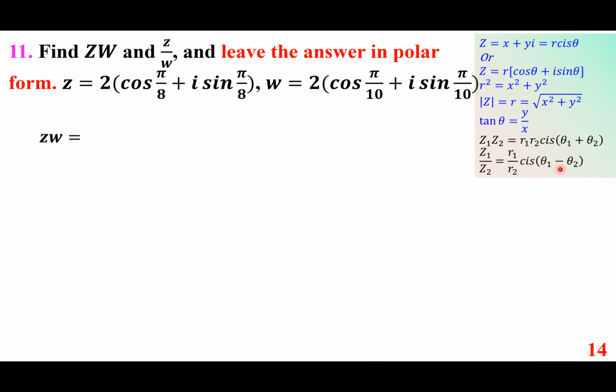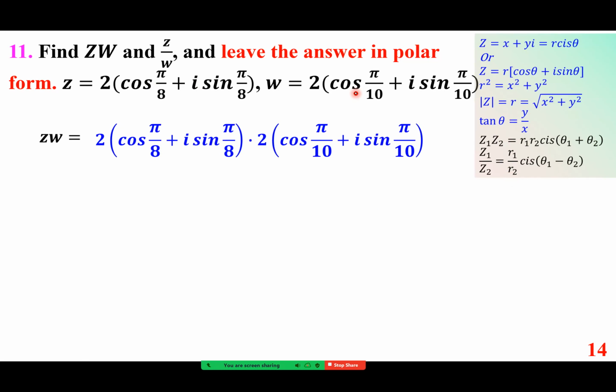Therefore, I want z times w. I want this times this. And I'm going to stick with this formula, which means I'm going to say 2 times 2, cis theta 1 plus theta 2, pi over 8 plus pi over 10.